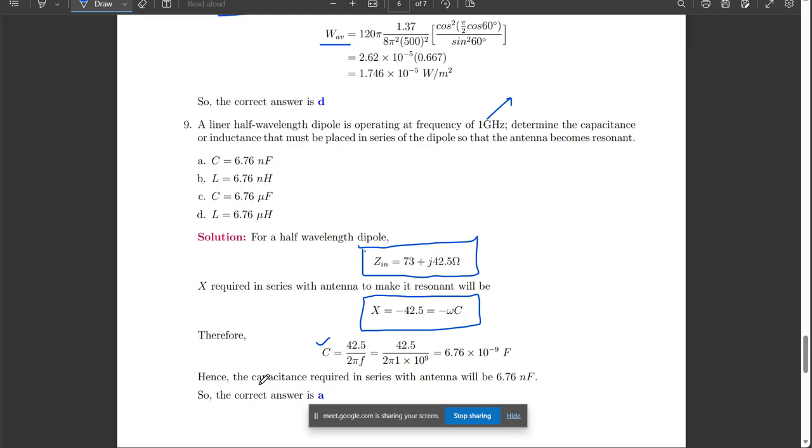So the capacitance connected in series with the antenna will be 6.76 nanofarads. Got it? Any doubt here?